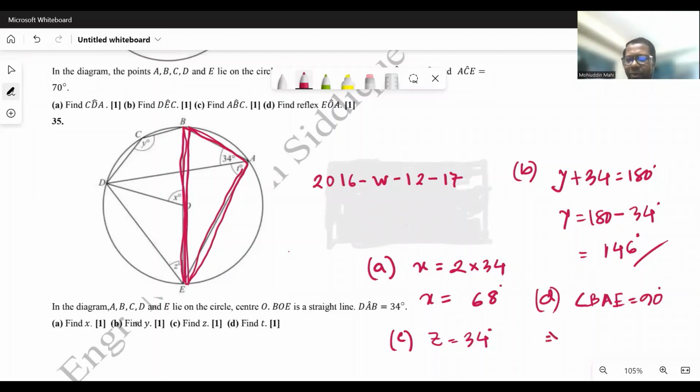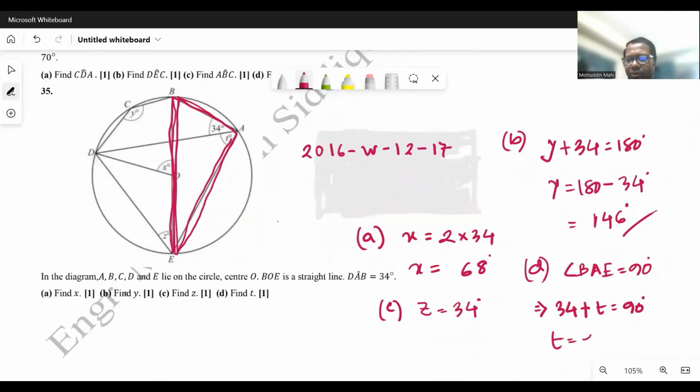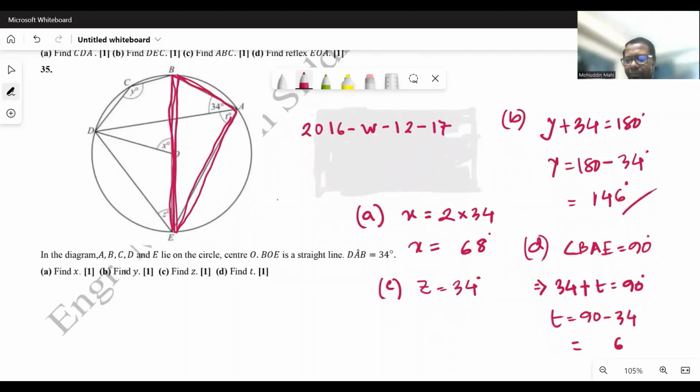So 34 plus t will be 90 degrees. So t equals 90 minus 34, 56 degrees. Okay, fine. Let's move on to the next question.